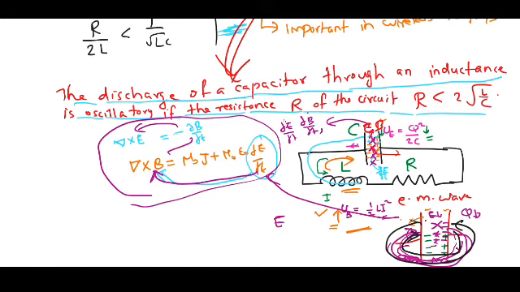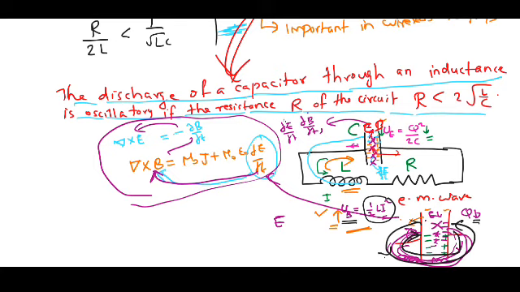Therefore, there will be a charge oscillation in the circuit. That is, whatever the electric energy stored in the capacitor is lost, that will be stored in the inductor because of the charge flow. A current will be set up in the inductor. Therefore, that will create a magnetic energy.